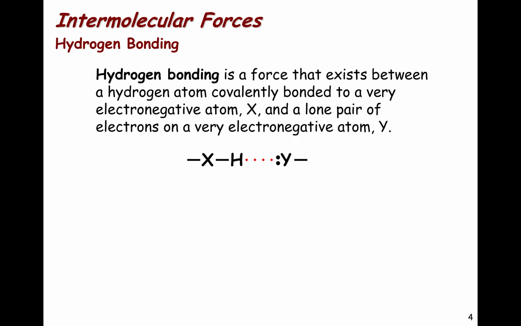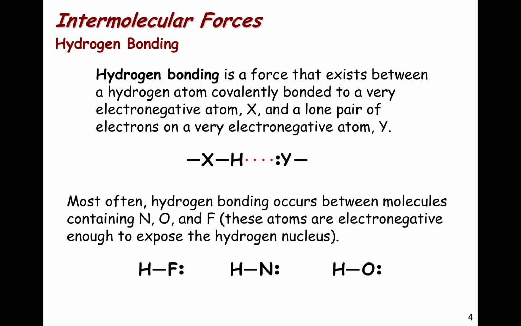A significantly stronger intermolecular force is known as hydrogen bonding. This is an intermolecular force that results when a molecule contains a hydrogen atom that is covalently bonded to one of three atoms. These atoms are very electronegative atoms, such as oxygen, nitrogen, or fluorine.